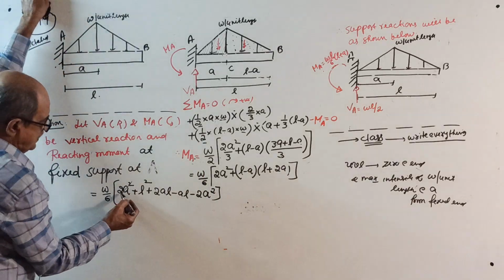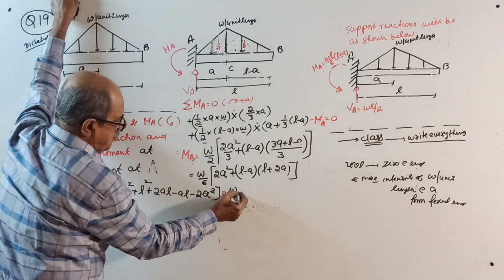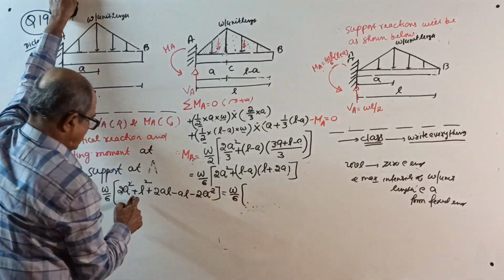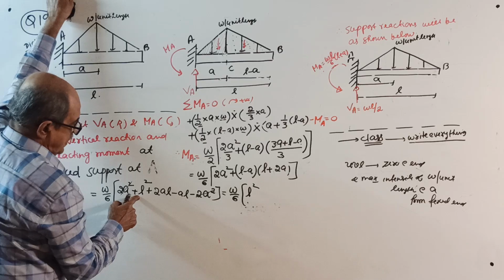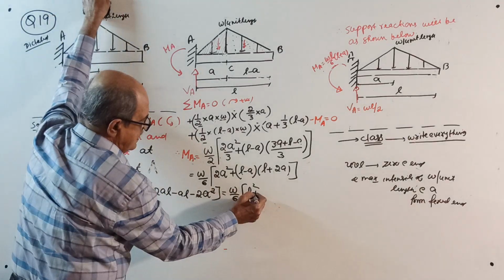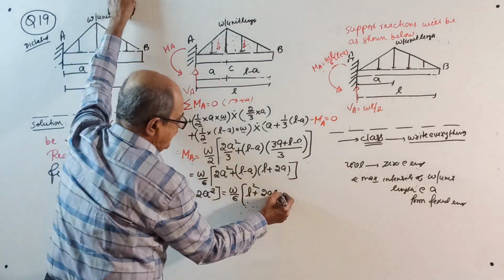Okay, now 2a square will cancel. This will become W by 6 times L square plus 2aL minus aL.